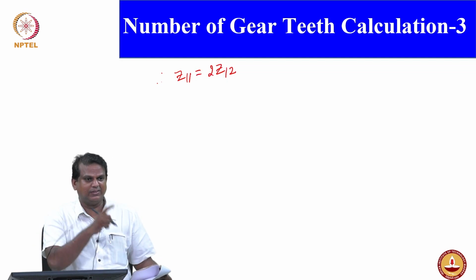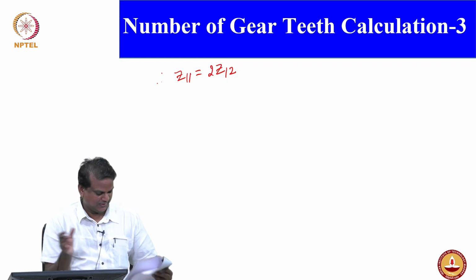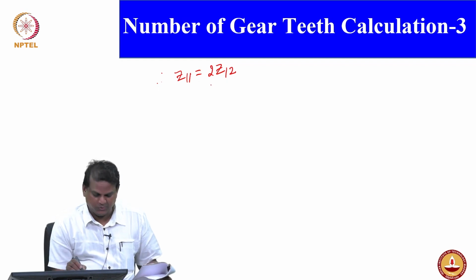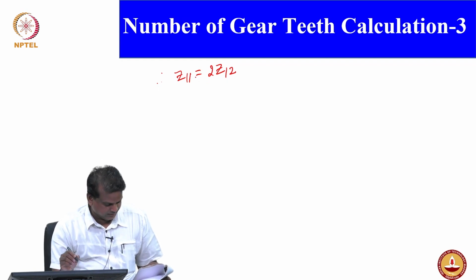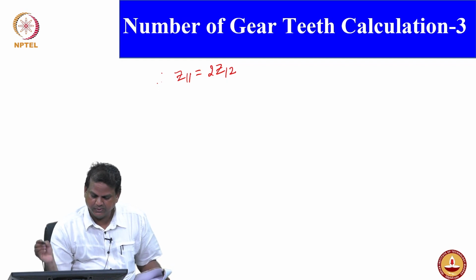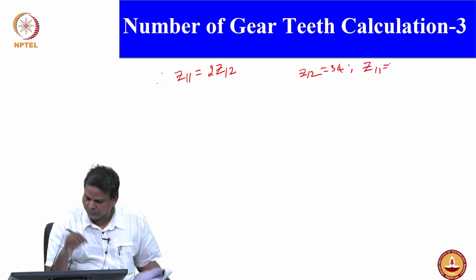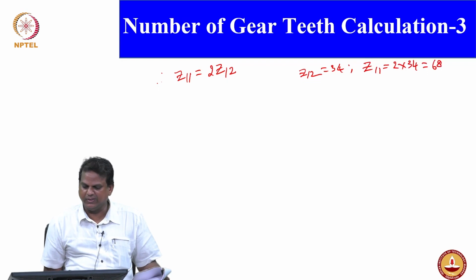Already you know that the number of teeth of each pair should be equal on both sides. Can we do the quick calculation? If you choose Z12 as 34, then Z11 should be 2 times 34, which will be 68.